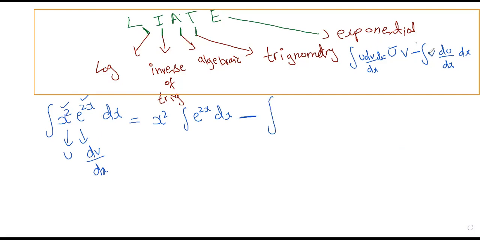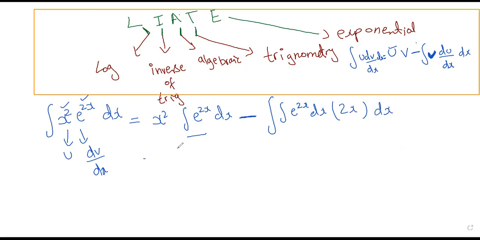And v, what was v? v was the integral of the second function, so again this thing would come here. Do not get confused with these two integral signs. And the derivative of first function would be, tell me, what would be the derivative of x square? 2x. Very good.